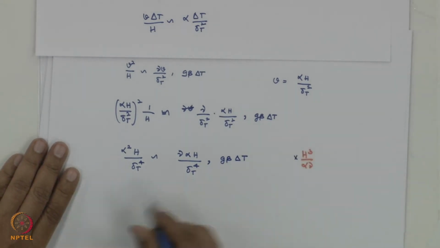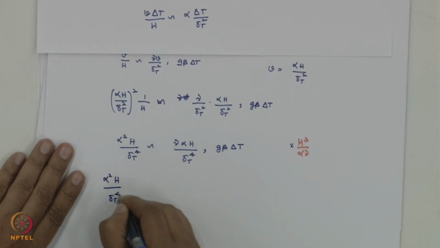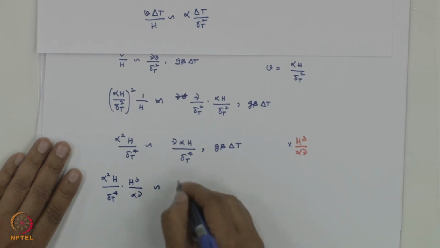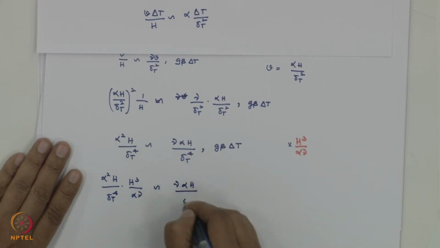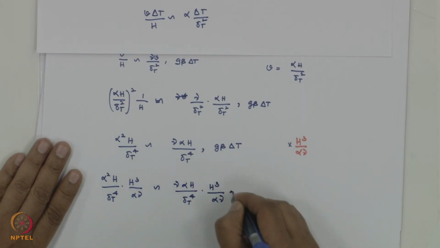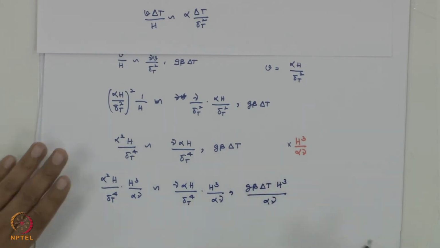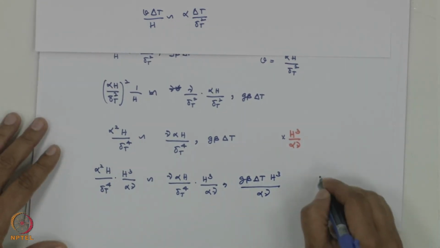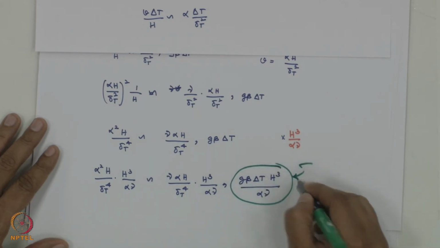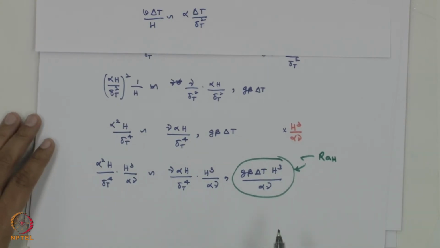So you get alpha squared h upon delta t to the power of 4 into h cube by alpha nu is of the order of nu alpha h by delta t to the power of 4 into h cube by alpha nu, comma g beta delta t h cube by alpha nu. Actually this whole term is the definition of Rayleigh number, that is Ra_h, the Rayleigh number based on h.